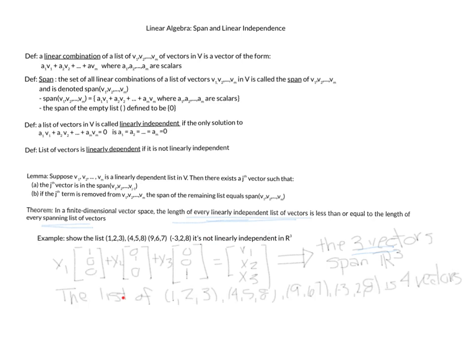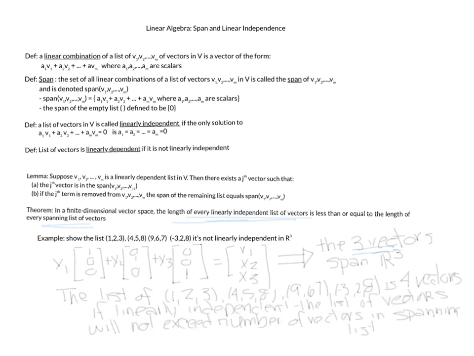So again, here we have our list of 4 vectors that we're trying to determine if it's linearly independent. But the theorem says if it is linearly independent, the list of vectors will not exceed the number of vectors in the spanning list, right? So the list of linearly independent vectors is going to be less than or equal to the length of the list of spanning vectors.